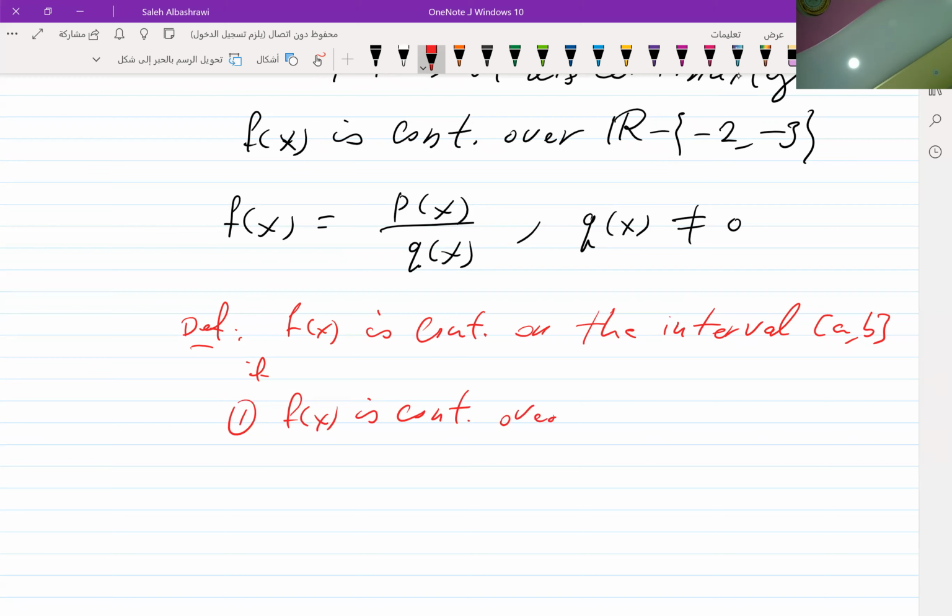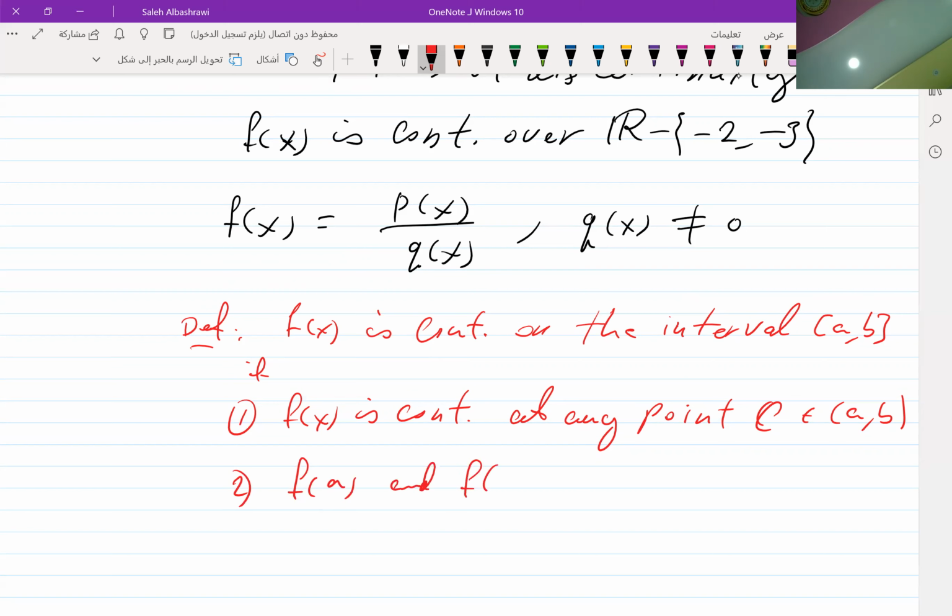over the open interval, or we can say that f of x is continuous at any point c that belongs to the open interval a b, and also for the boundaries of the interval, number 2, f of a and f of b are defined.